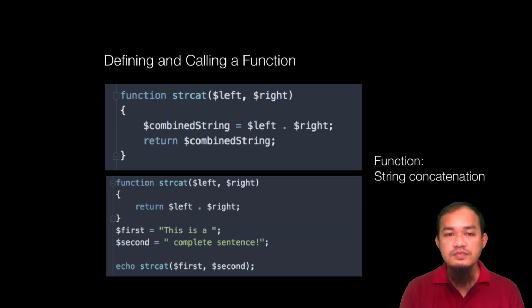This is the function that we call, and then we apply two arguments here, left and right. And then inside the function we have a statement that sets the combined string equal to left and right, and then we return that value, the combined string. This is a simple function for defining any function in our application.